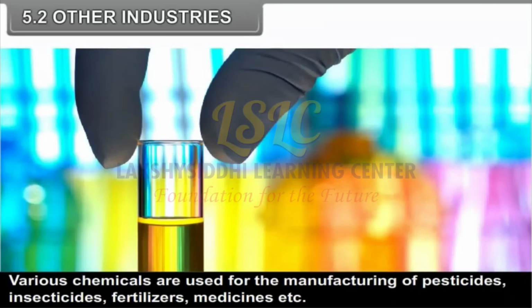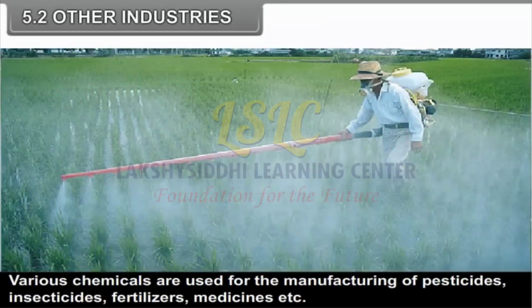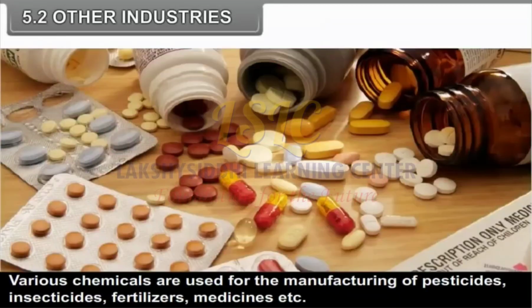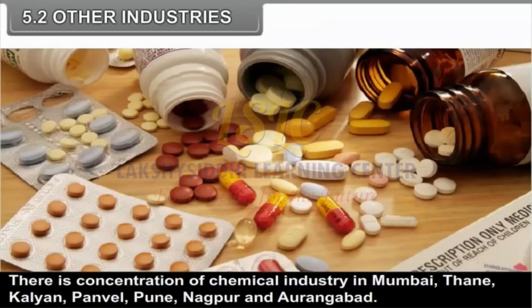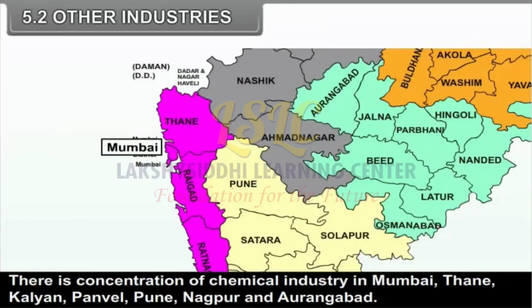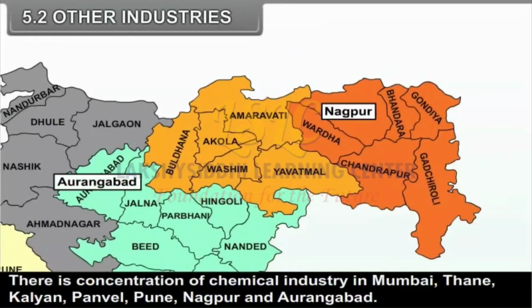Various chemicals are used for the manufacturing of pesticides, insecticides, fertilizers, medicines, etc. There is a concentration of chemical industry in Mumbai, Thane, Kalyan, Panvel, Pune, Nagpur and Aurangabad.